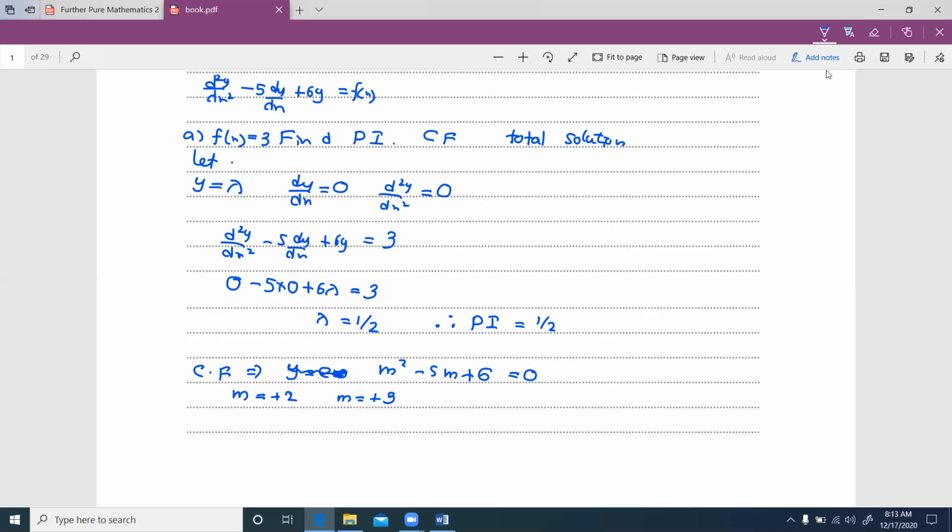There are three conditions: one condition is if you have two solutions, another is if you have one solution, and the third is if you don't have real solutions. So in this case the complementary function equals a e to the power 2x plus b e to the power 3x. This should be the complementary function.